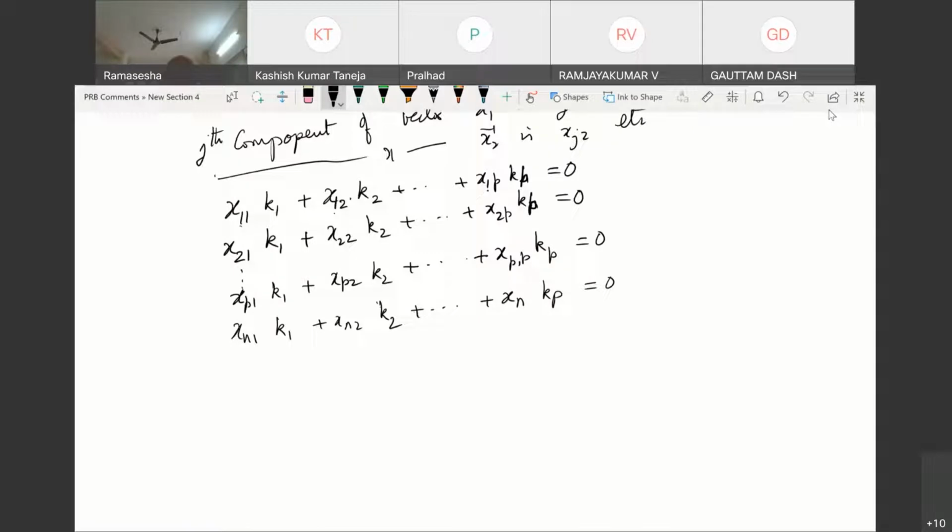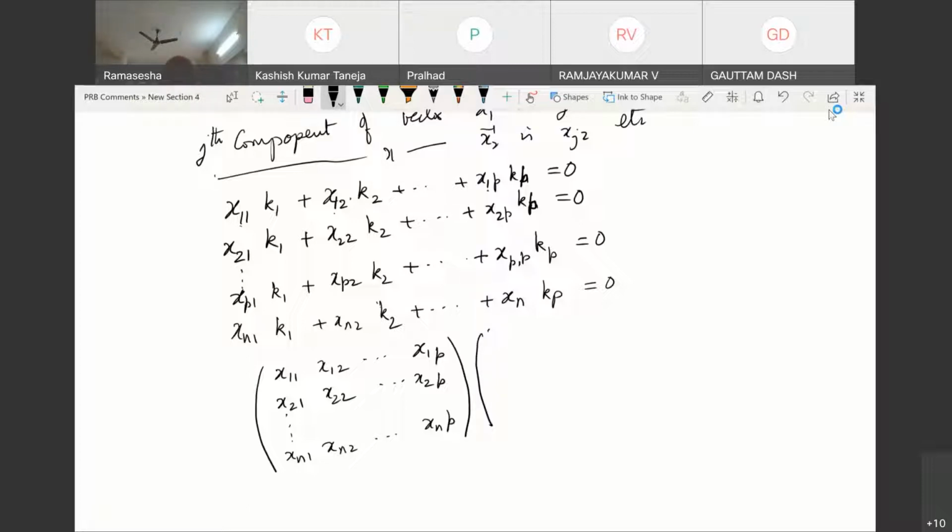So what does it mean? I can write it down in the following fashion. I can write it as the matrix with rows x11, x12, x1p, then x21, x22, x2p, etc., then xn1, xn2, xnp, times k1, k2, kp.